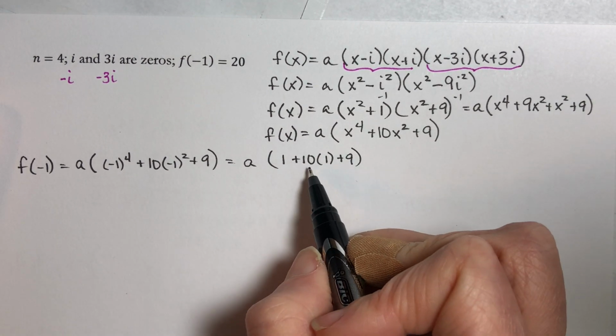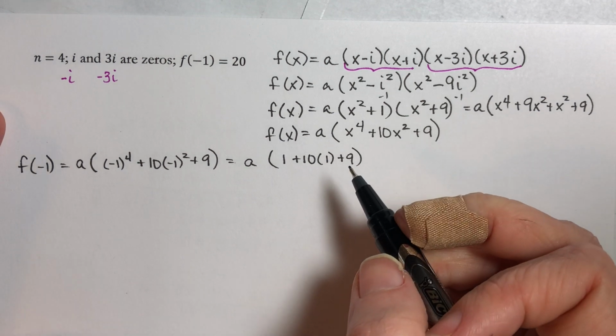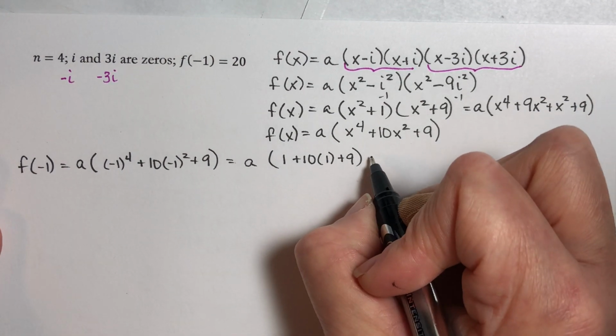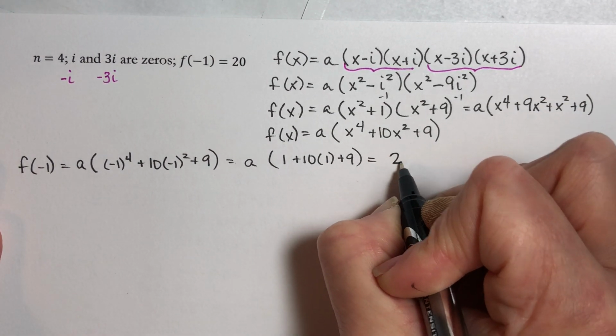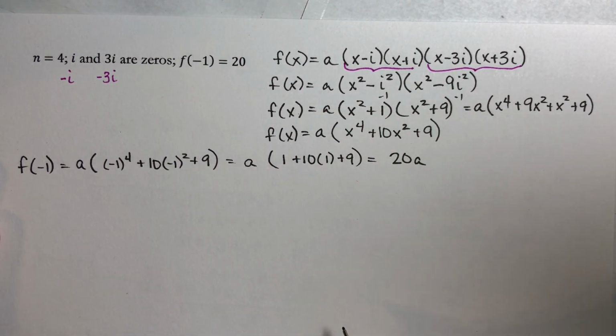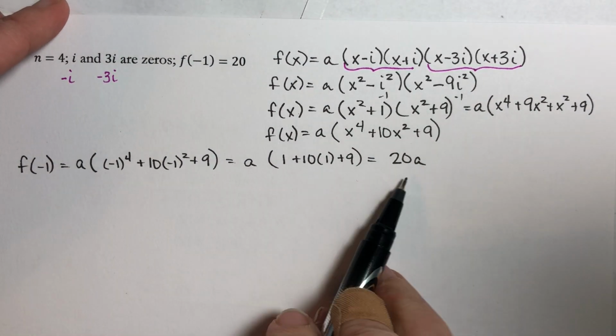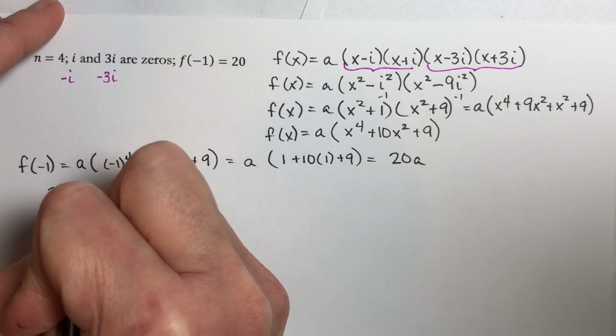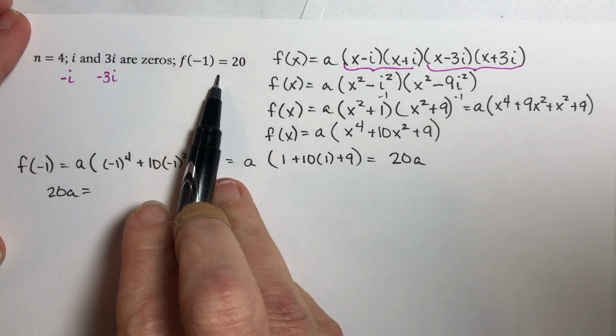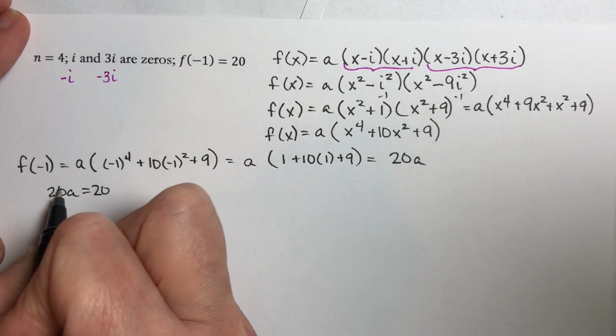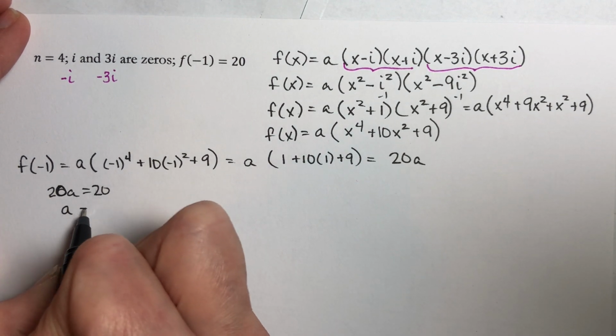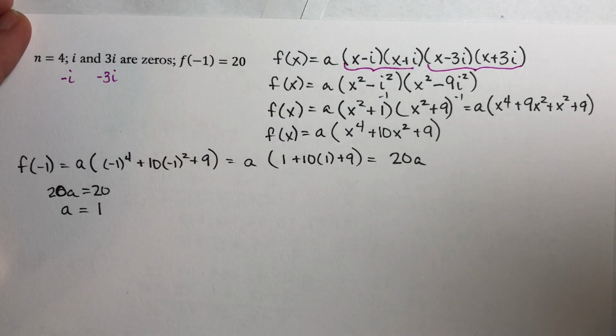So I have 1 plus 10 plus 9, which is 20. So what I have here is 20a. So my f of negative 1 is 20a. And I know f of negative 1 is supposed to be 20. So my a value is 1.